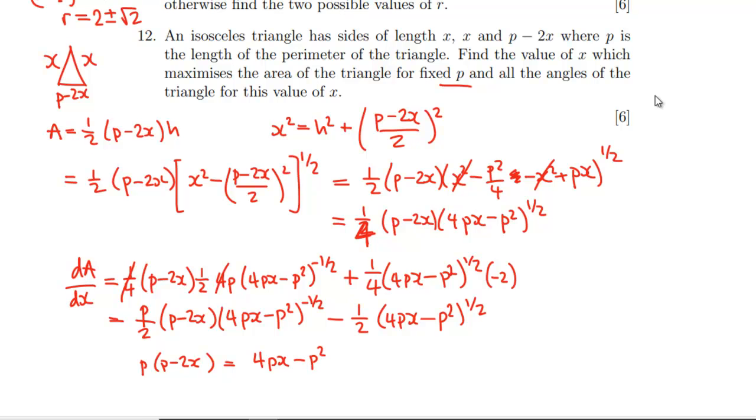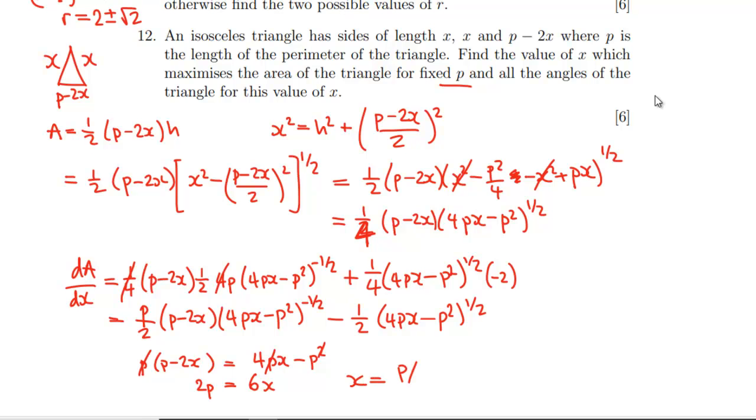Now the p squared, oh, we can cancel a whole load of p's. And then we've got p minus 2x equals 4x minus p. So 2p equals 6x. So x is p over 3.